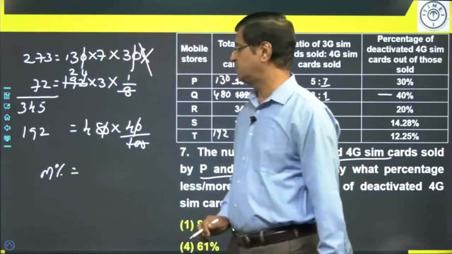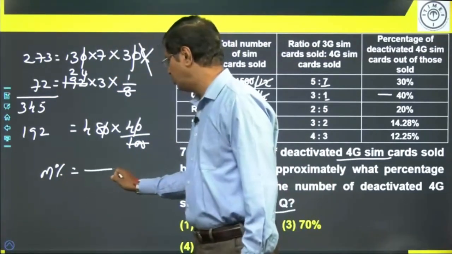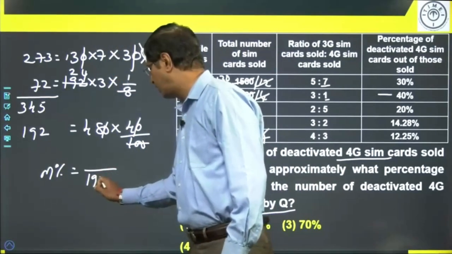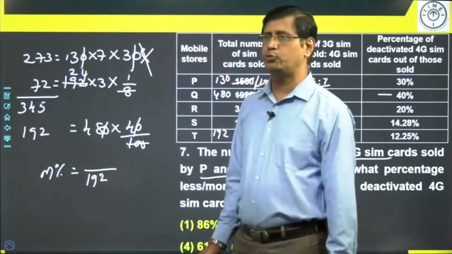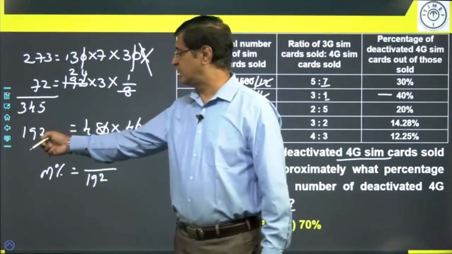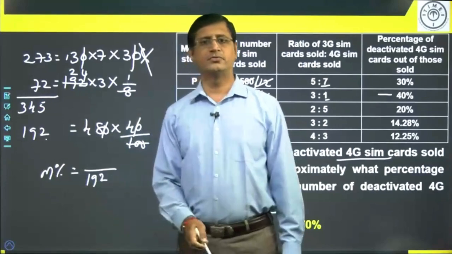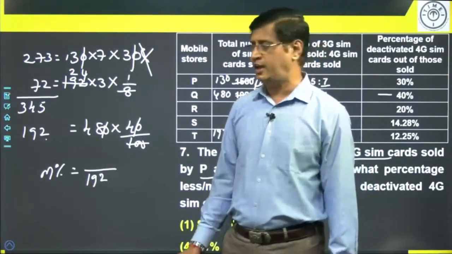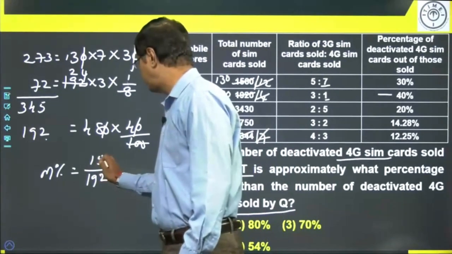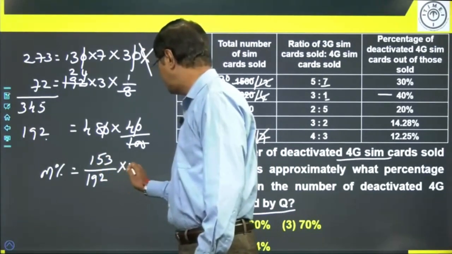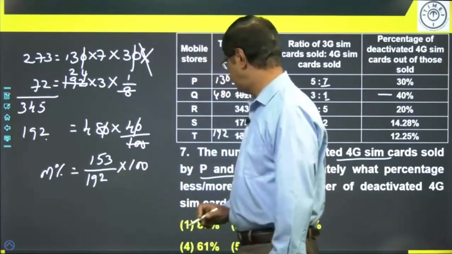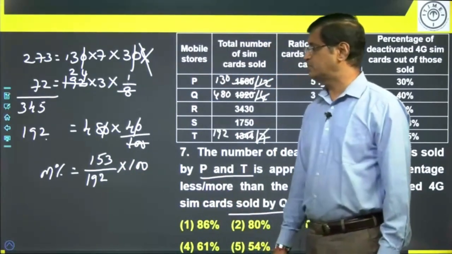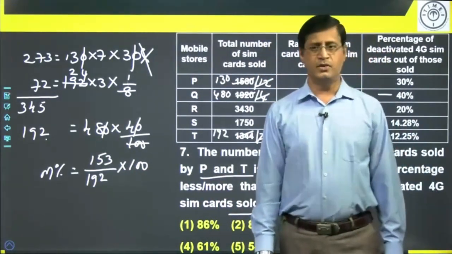The smaller value is 192. The difference is 8 less than 200 and 145 more than 200, so 145 plus 8 is 153. 153 into 100. Just simplify this, you will get the answer.